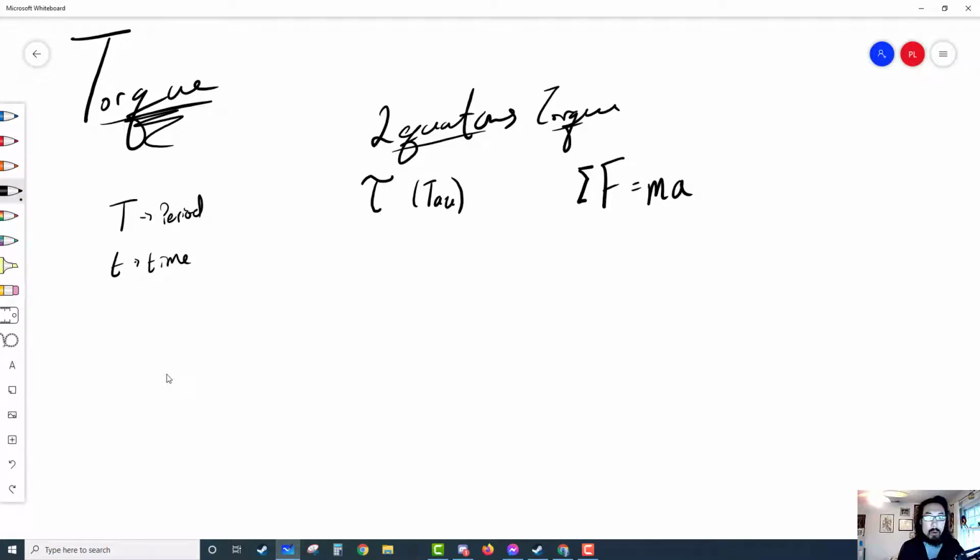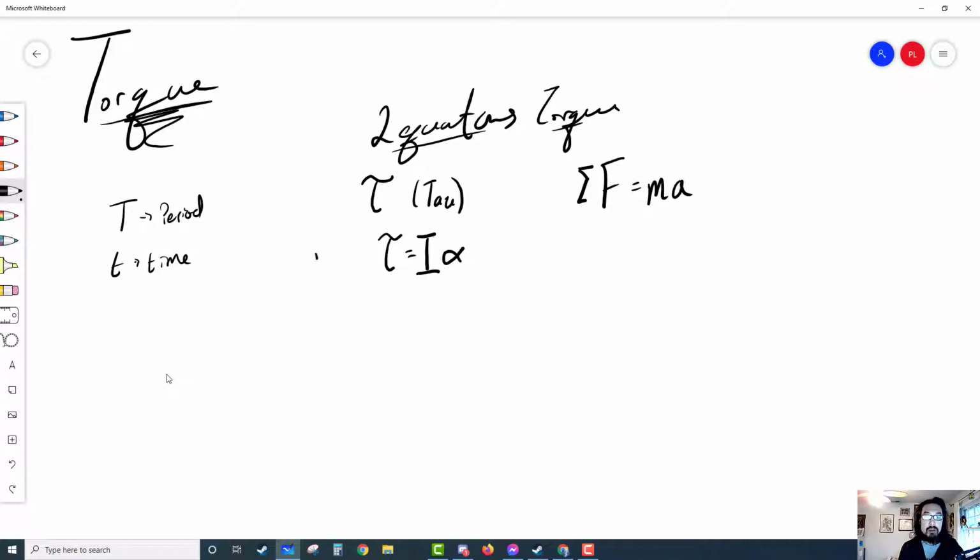Instead of m for mass, we write I for rotational inertia, and instead of a for acceleration, we say alpha for rotational acceleration.